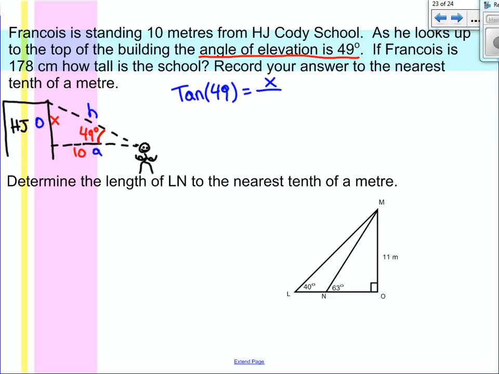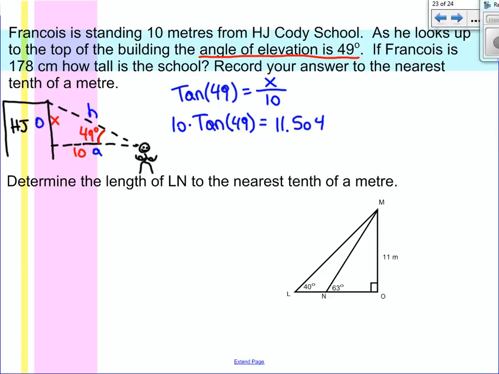The tan of 49 will tell you what your x is. So 10 times tan 49, and you get that the school is 11.504. Notice that I always carry a few extra decimal places until my final answer. You never round until your final answer.